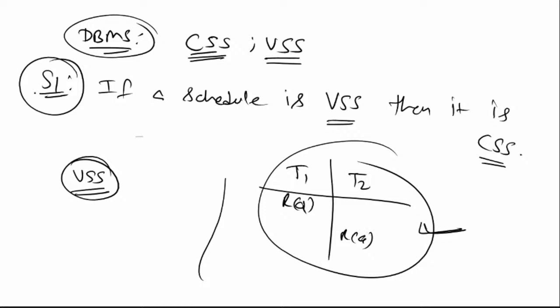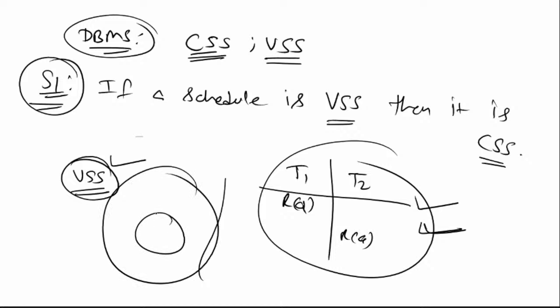For this schedule, S1 is becoming true, but we cannot say that S1 is always true because we have a counter example. We have view serializable schedules which are not conflict serializable. Every conflict serializable schedule is view serializable, but there are many view serializable schedules which are not conflict serializable. So this is the point: if you have a counter example, then you can say that that statement is false.